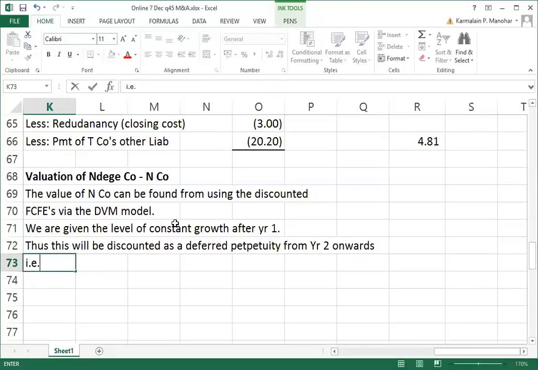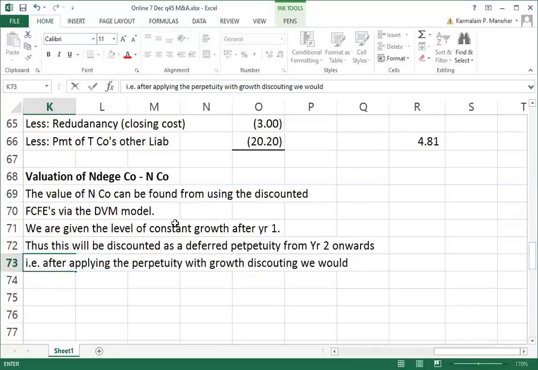That is after applying the perpetuity with growth discounting, we would need to discount again for 1 year to move.